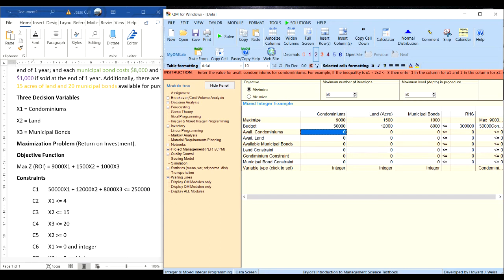Our second, available condominiums. X1 must be less than or equal to 4. So X1, which is the count of every time we invest in a condominium, must be less than or equal to 4. Available land in this situation, X2, and again the count, must be less than or equal to the 15 that are available.